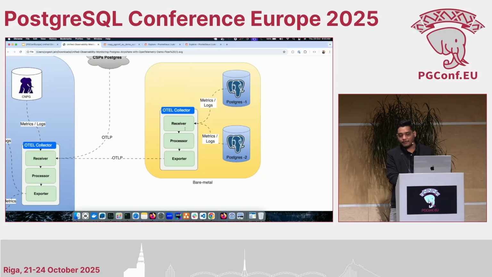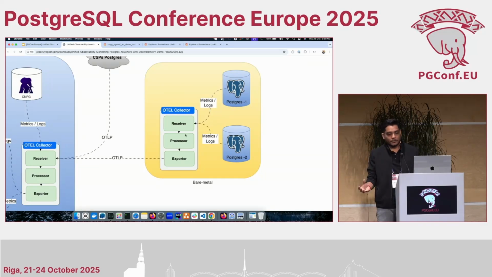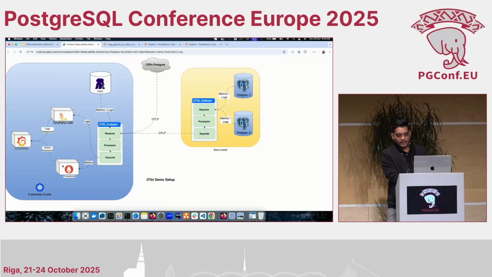So what we can do is deploy an OpenTelemetry collector binary, the OTel binary, on the bare metal, and configure it in a way that it will send the data from this exporter to the other OpenTelemetry collector receiver. I hope this is clear. I will go in depth on this again. But this is the basic setup. Though there seem to be many components, it's quite simple.